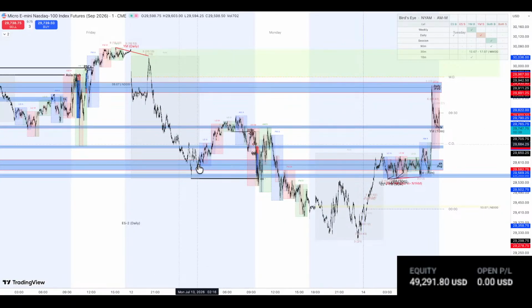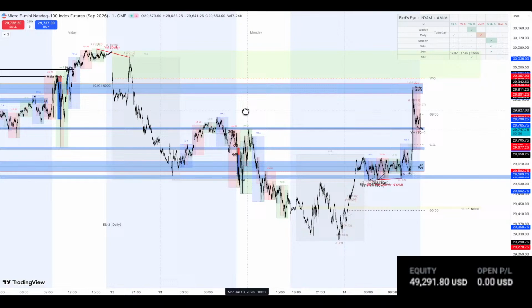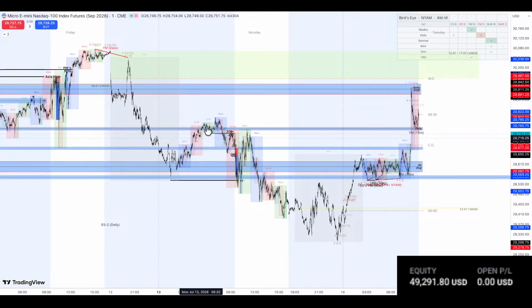Then yesterday, price pulled back above here and hit the 50% level of the Asia session, and then from there during the New York session, it went down and created a market structure shift over here, then went down and hit this low.